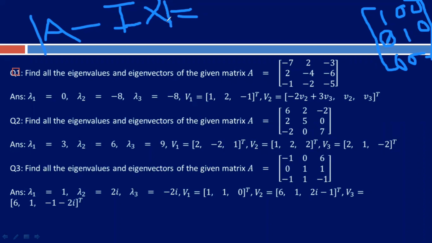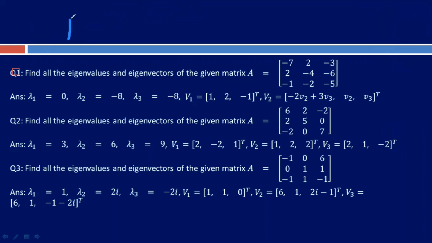Here we have lambda I, so we write A minus lambda I, and its determinant is equal to 0.